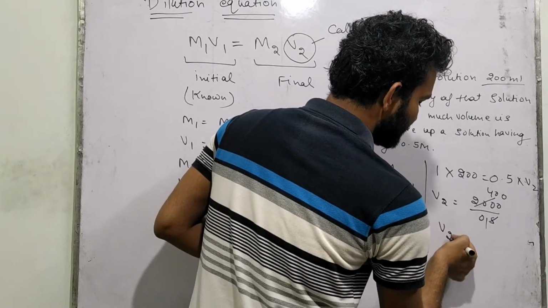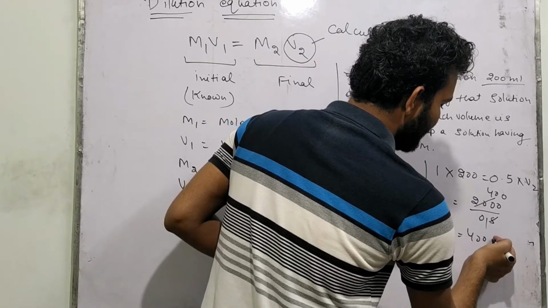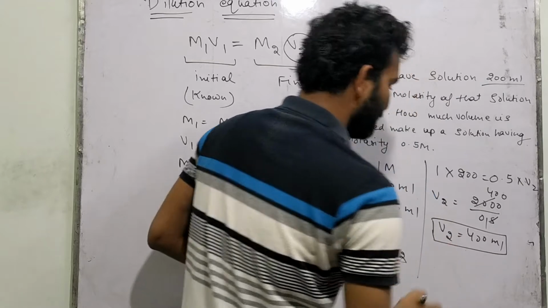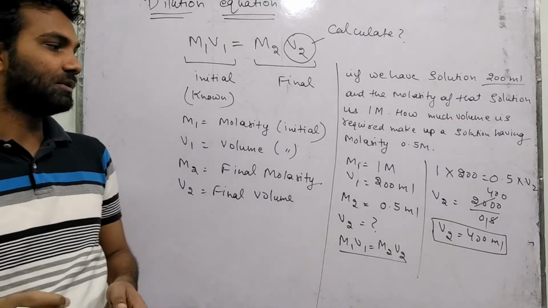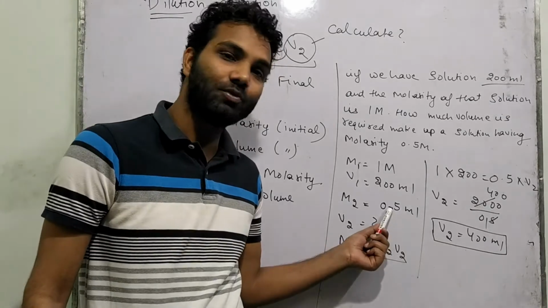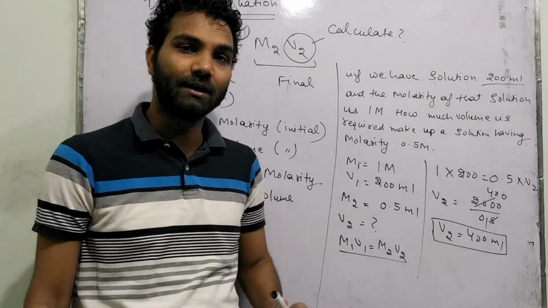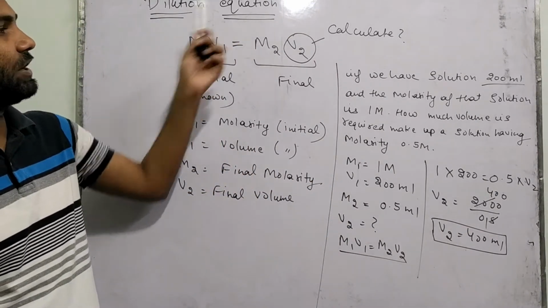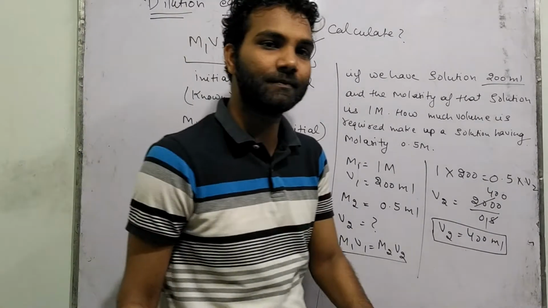Now volume is 400 ml. तो आपको 400 ml वॉल्यूम लेना पड़ेगा अगर आपकी मोलैरिटी 0.5 है। क्लियर? तो दिस इज द क्वेश्चन विच इज बेस्ड ऑन द डाइल्यूशन equation in solution.